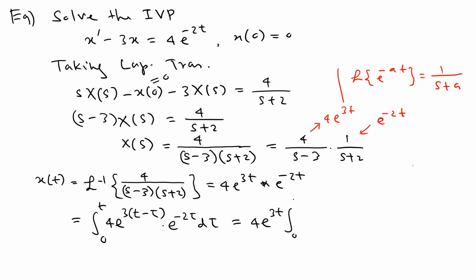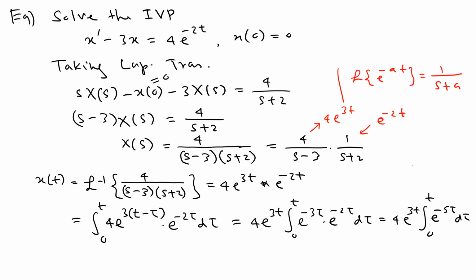What you're left with is e to the negative 3 tau times e to the negative 2 tau d tau. So you can combine them. Once you combine, we have 4e to the 3t times the integral from 0 to t of e to the negative 5 tau d tau.